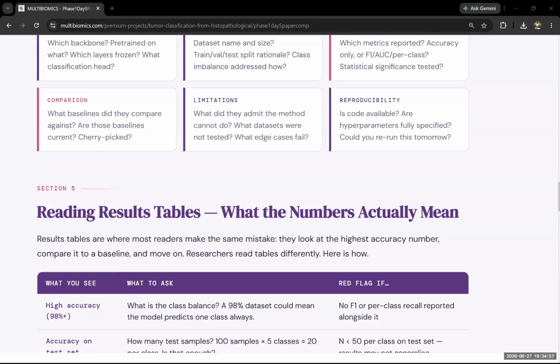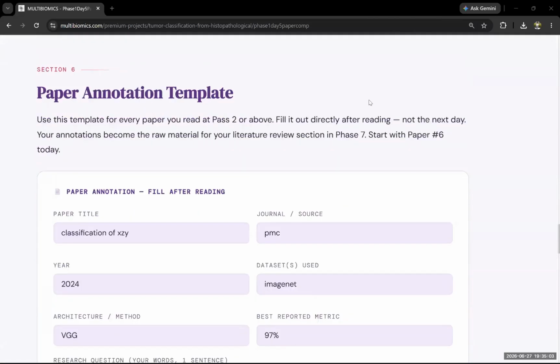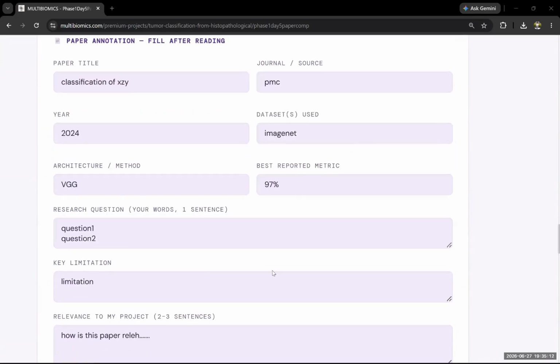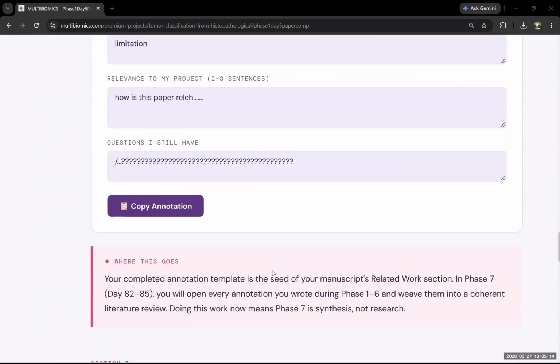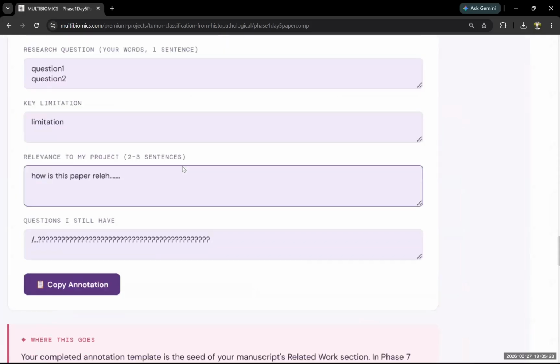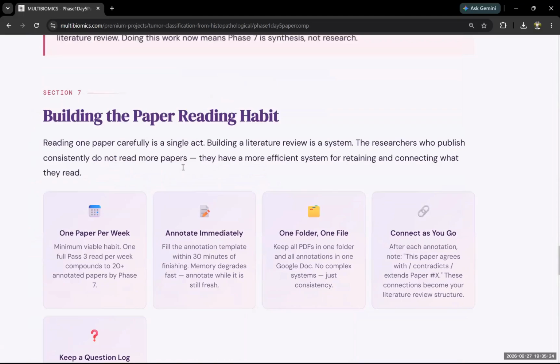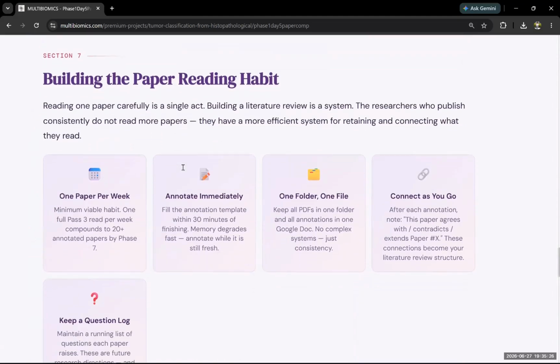You can come to this particular page, this paper annotation template. Then the next time you don't have to search where that paper is. Don't need to open, everything is over here, right? You can use it according to yourself also. Once you have copied, you can change all these headings also. So this will be very helpful for you to keep the records of whatever paper you have read.